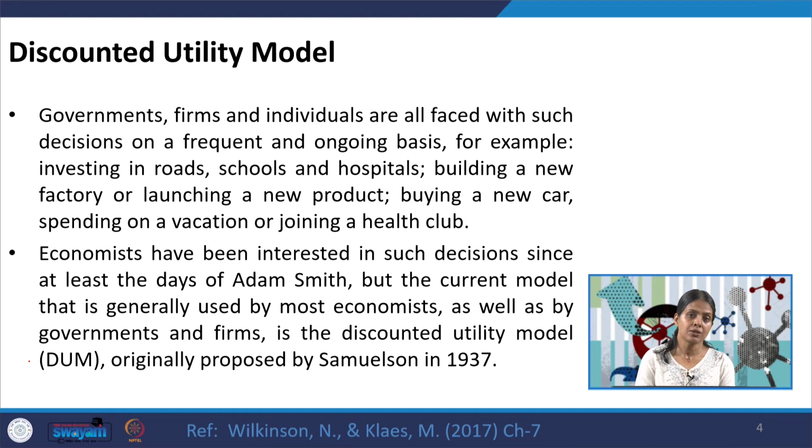Economists have been interested in such decisions since at least the days of Adam Smith, but the current model that is generally used by most economists as well as by governments and firms is the discounted utility model, originally proposed by Samuelson in 1937.